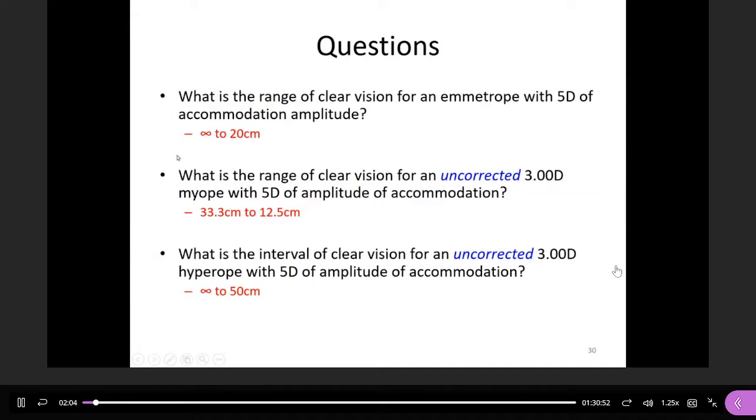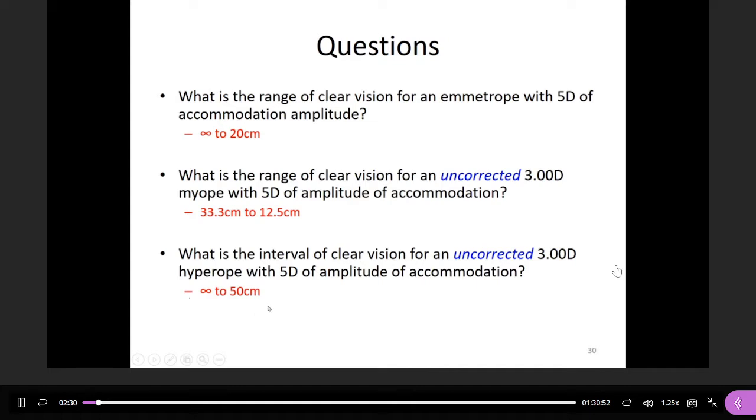If you have no refractive error, the range of clear vision is much larger compared with, for example, myopia. In myopia in particular, the range of clear vision is very small. Any objects beyond this range will form a blurred image on the retina.